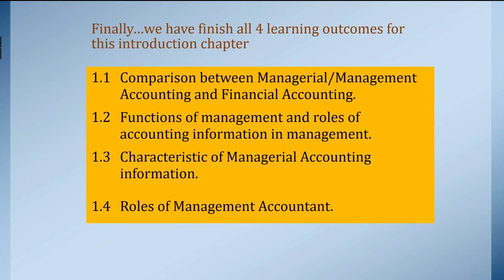So by having all the information on managerial accounting, apa yang dia boleh buat? Your information provided must be able to help the management to carry out the management roles and functions. So kita kena faham betul-betul sebenarnya apa fungsi management accountant.